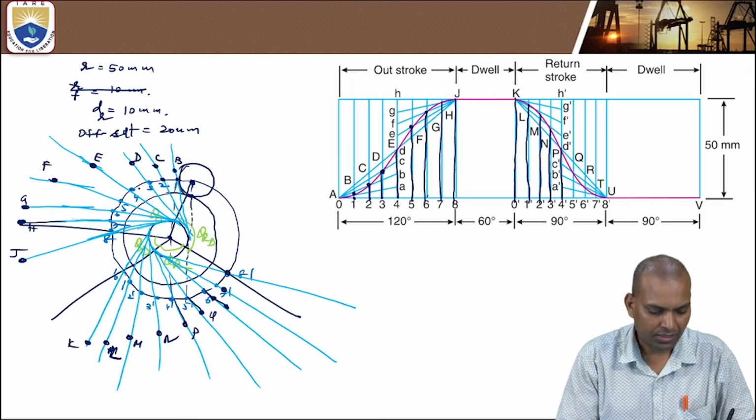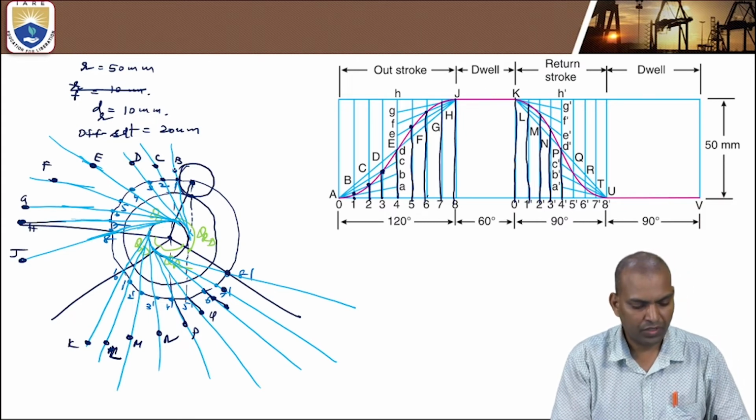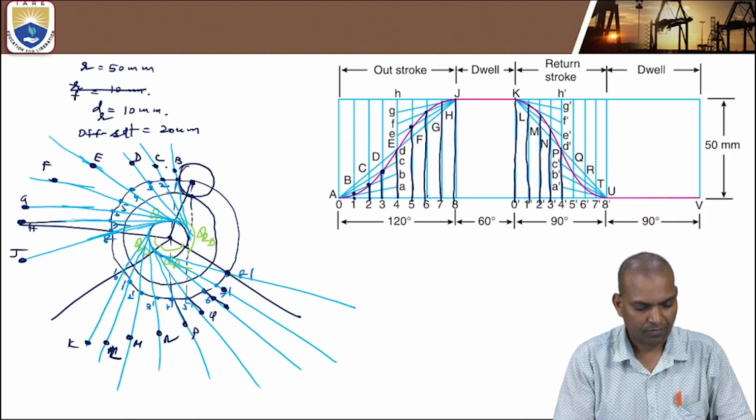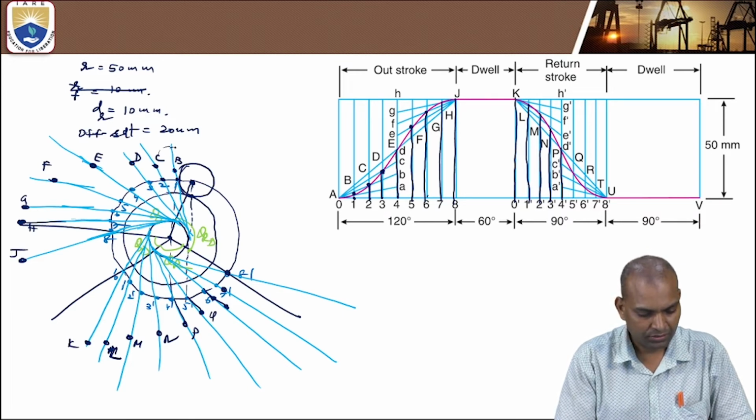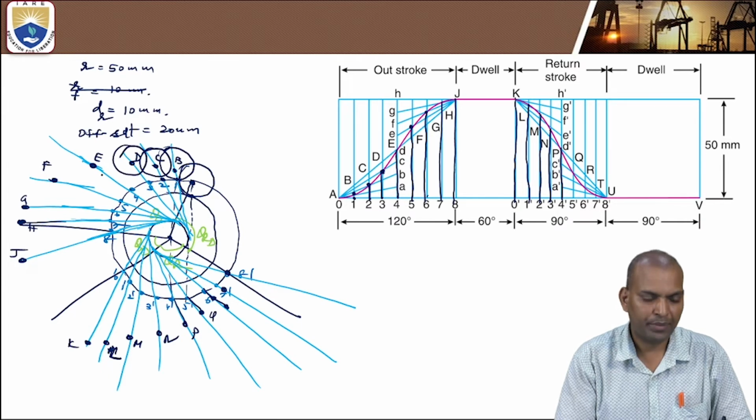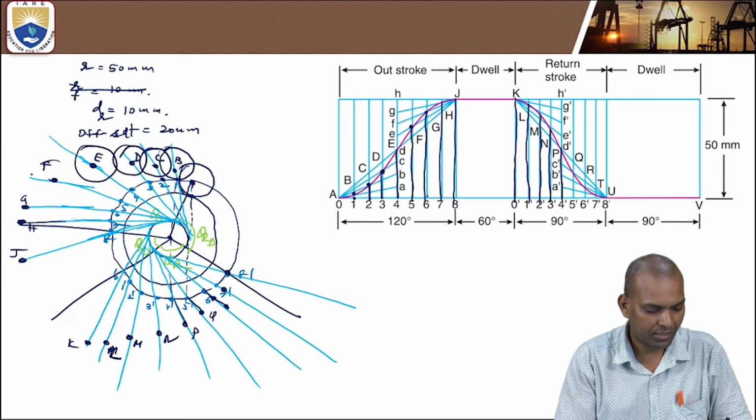Now these are the centers of the roller. Now we have to draw the roller circle with the diameter of 10 millimeter, that is the radius.